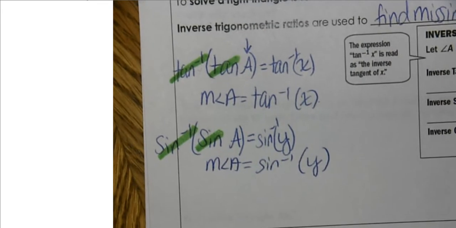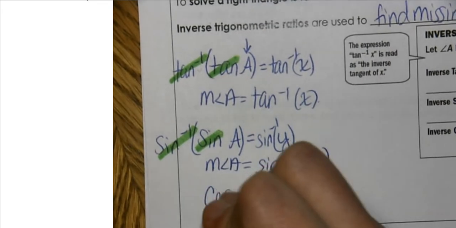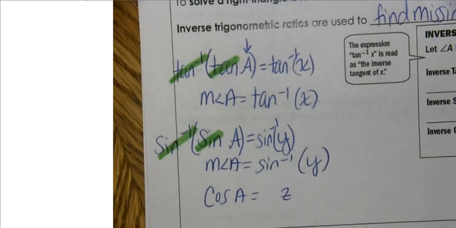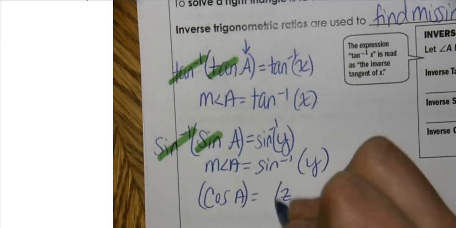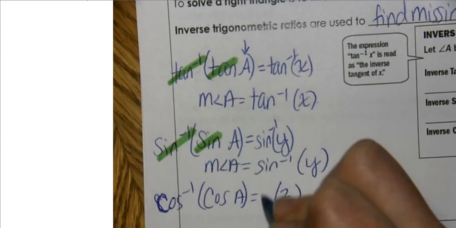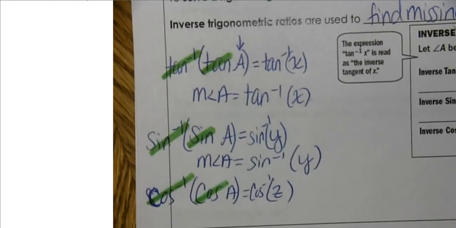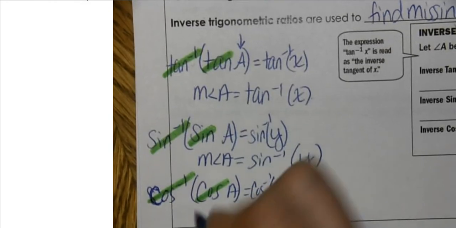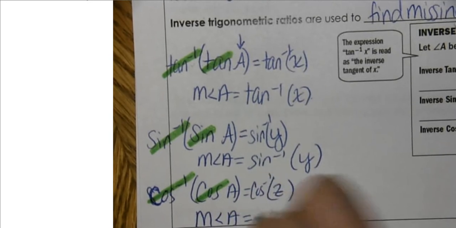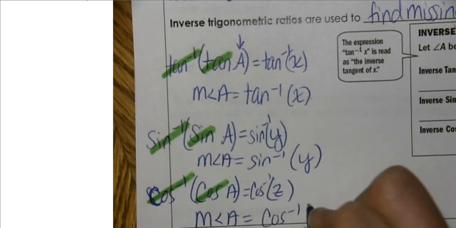The same is true if we had the cosine of angle A is equal to z. If I want to figure out what the measure of angle A is, I'm going to put parentheses around both sides and take the cosine inverse of both sides. What happens there, once again, is that the cosine inverse and cosine cancel away, leaving us with the measure of angle A is equal to the cosine inverse of z.